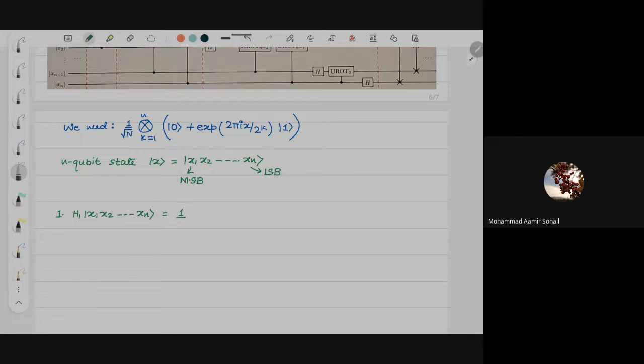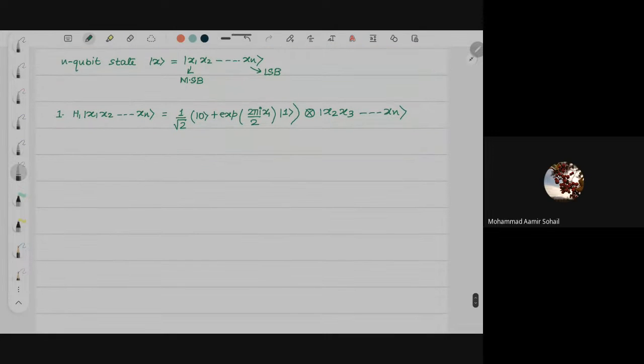So we will get 1 by root 2, (|0> + exponential 2 pi I x1 by 2 |1>), and then the tensor product with x2, x3 up to xn. So in the first step, we are only applying the Hadamard on the first qubit.